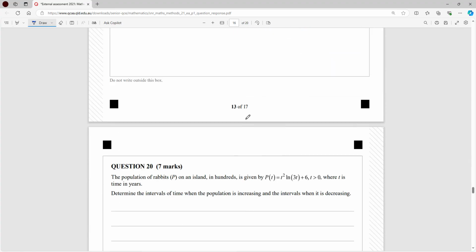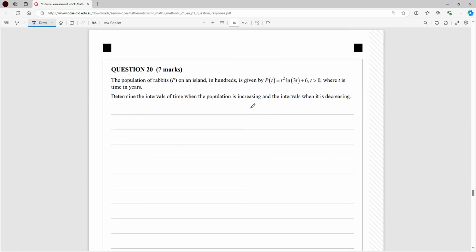Alright, so let's go into this one here. So question 20. Now, what do I do for question 20 here? Ah, yes. So question 20, I did this test beforehand. That way I'm not going in fully blind. The population of rabbits P on an island in hundreds is given by this equation, where T is the time in years.